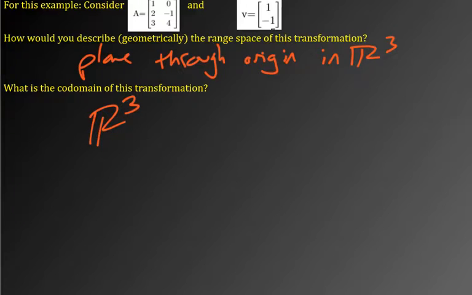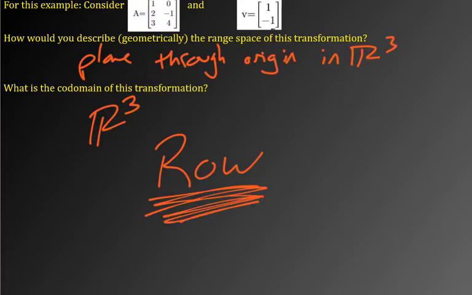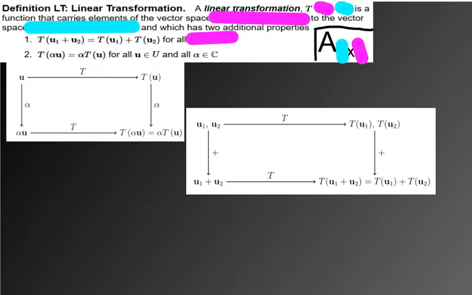So the codomain is R3 here. So you can honestly just do it by rows. And I'm even going to formalize that a little bit more. This thing had 3 rows, so basically, in m by n, the m is always the codomain, okay? And actually the domain is the n, but that's on the next slide that I'm going to show you here.